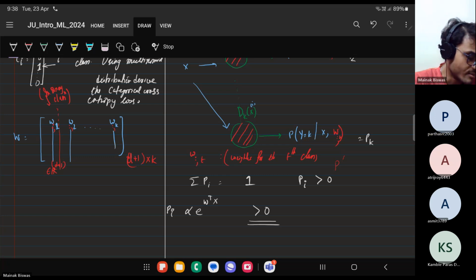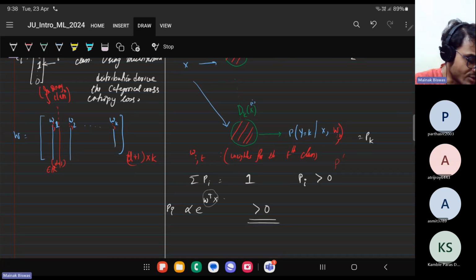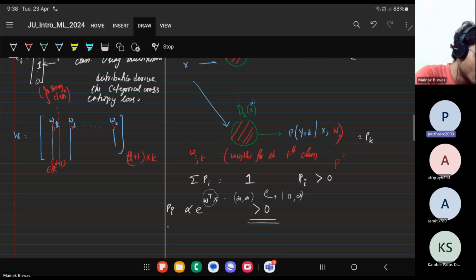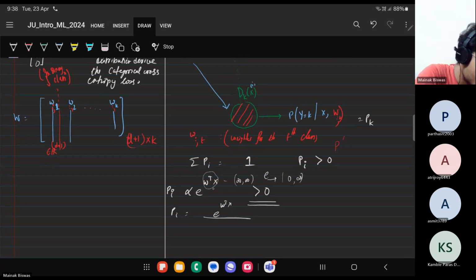This term is between minus infinity and infinity. So e to the power of it has to be between 0 and infinity. So what will be pi? It will be e to the power w transpose x divided by the summation of it.